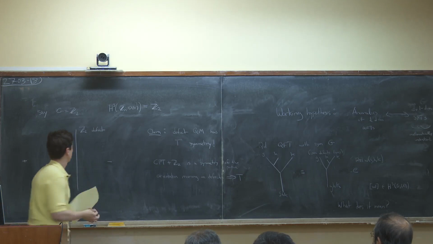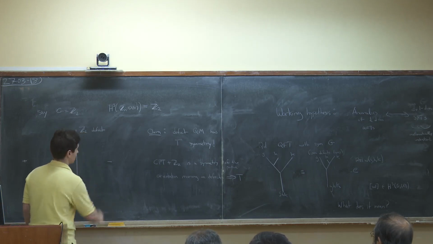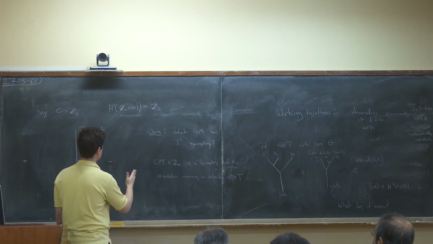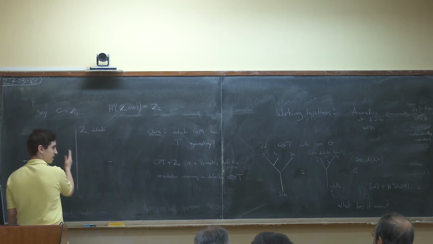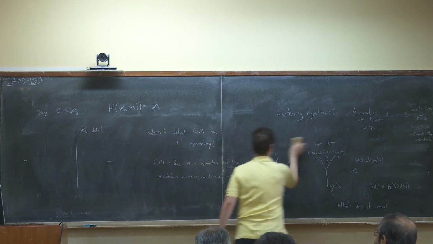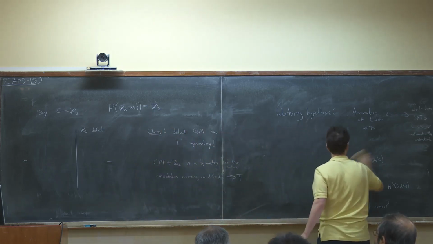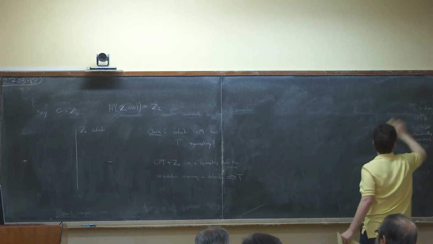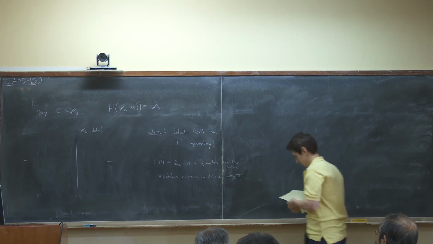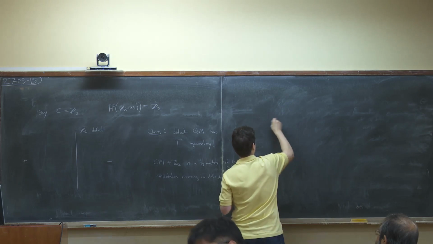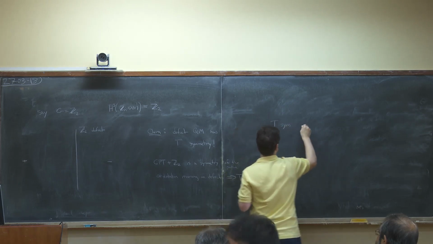Okay, so we've learned an interesting thing. This is actually true in every space-time dimension. In every space-time dimension, if you have a Z2 unitary symmetry, then the theory on the defect has time reversal symmetry. Now if we have time reversal symmetry, we can look at the ground states.